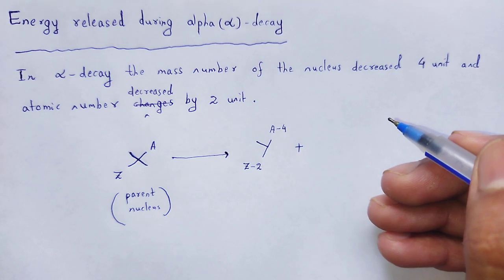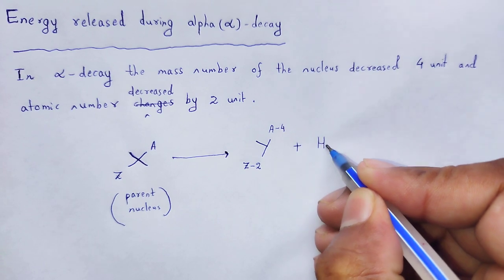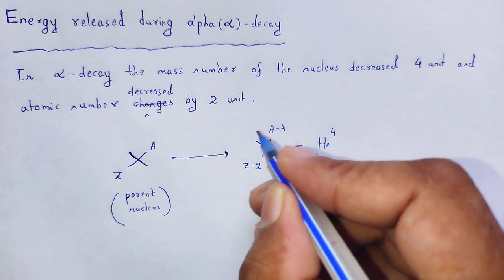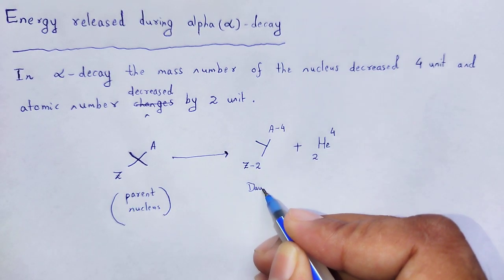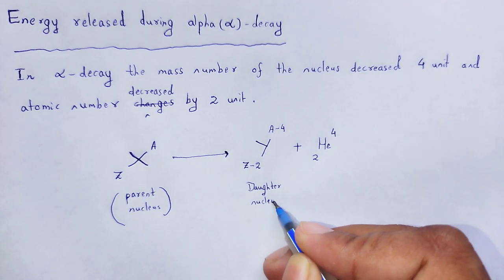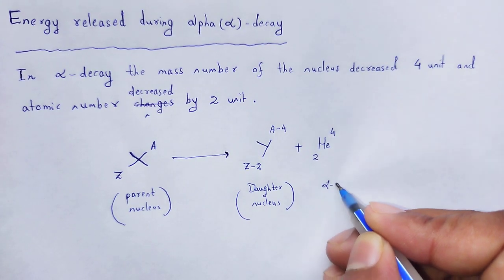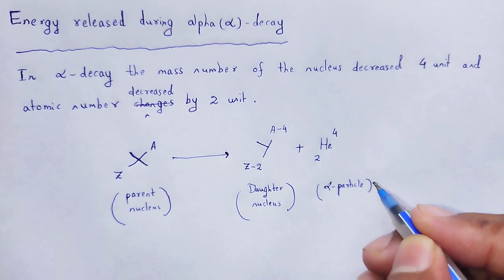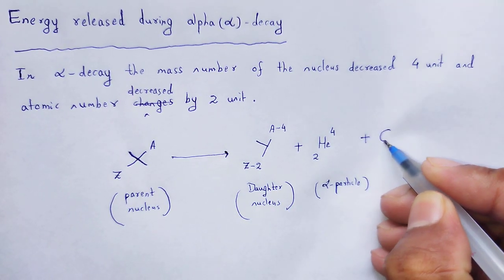Alpha is a doubly charged helium nucleus, 2He4. Y, the daughter nucleus, is formed along with helium as the alpha particle. In alpha decay, energy is released.